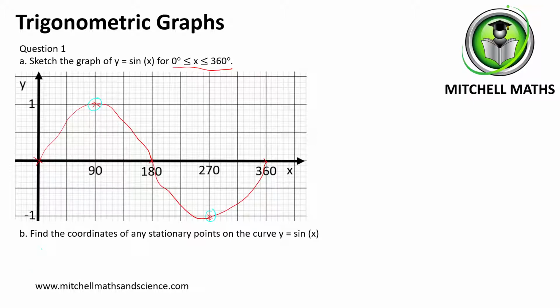So one of our stationary points is (90, 1). And our next stationary point has an x value of 270 and a y value of -1, so it's (270, -1). And that's the answer to that question.